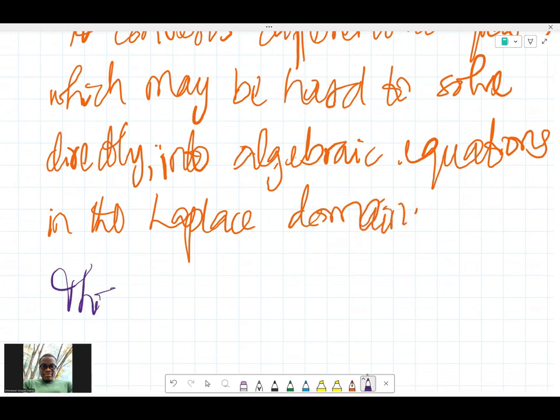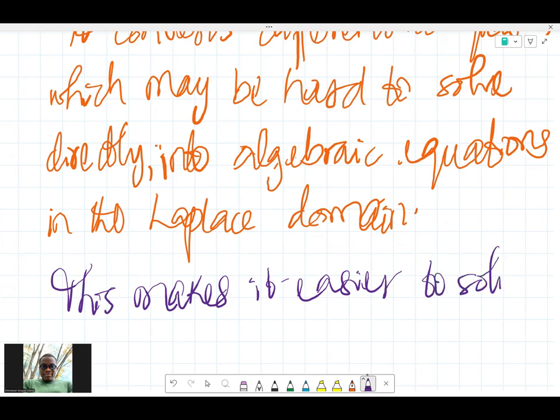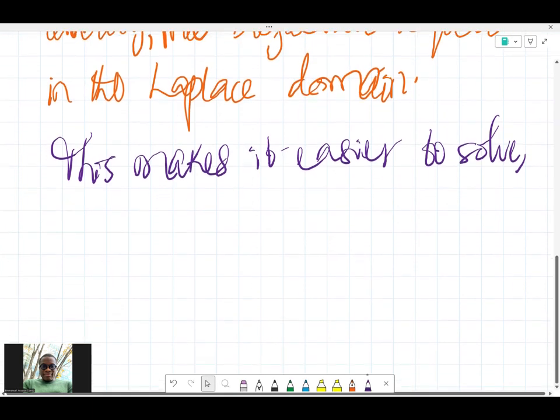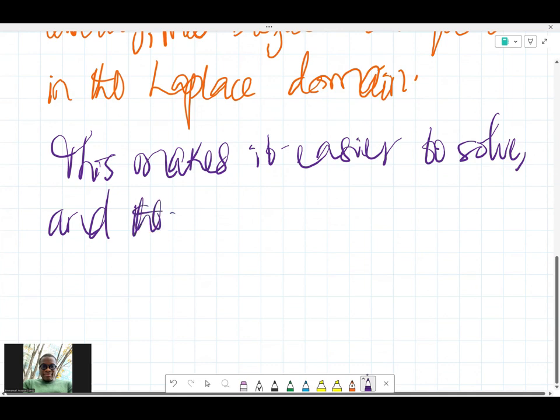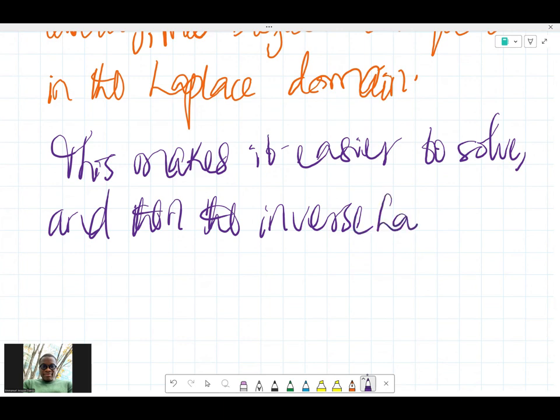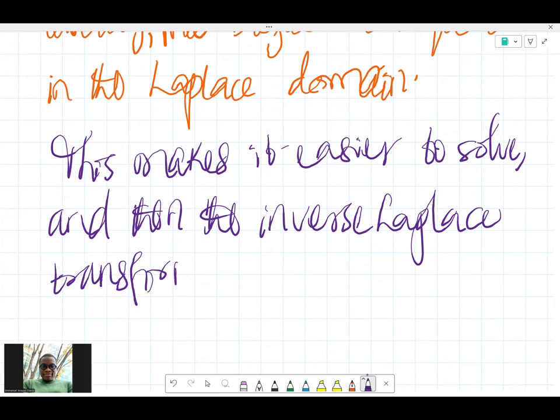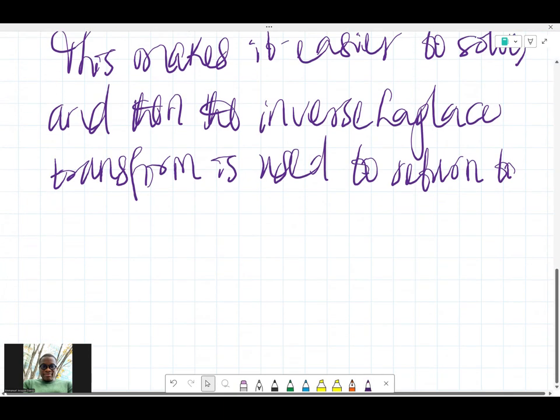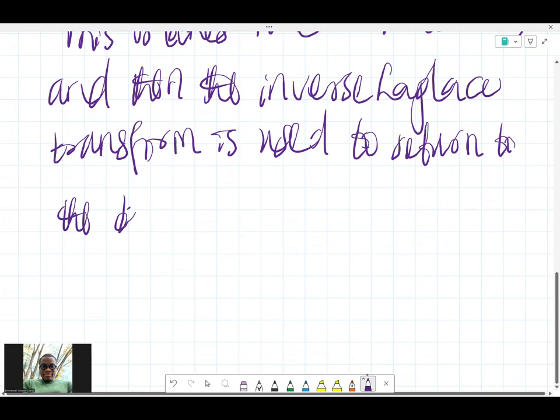This makes it easier to solve. And then the inverse Laplace transform is used to return to the time domain.